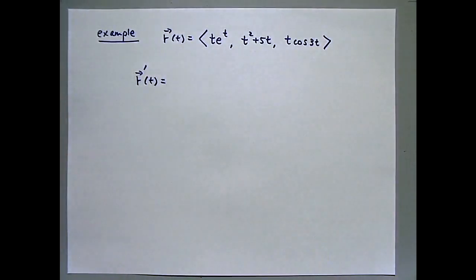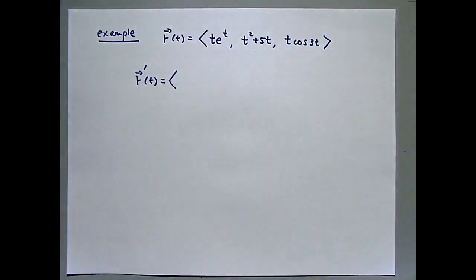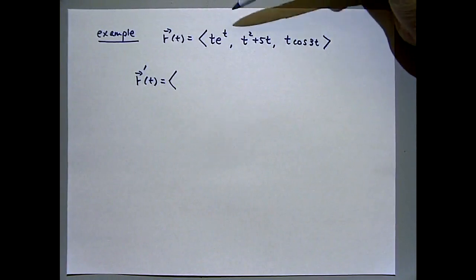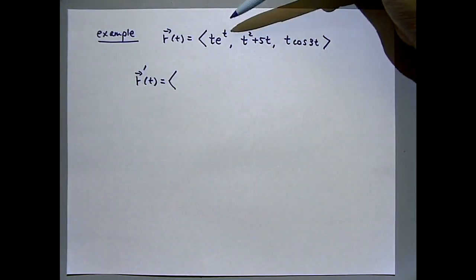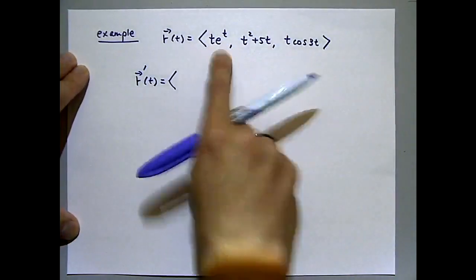Now you're doing the derivative 3 times, once for each of these 3 components. Do you remember how to differentiate t times e to the t? What rule do you have to use? Right, product rule. There are 2 functions of t multiplied together.